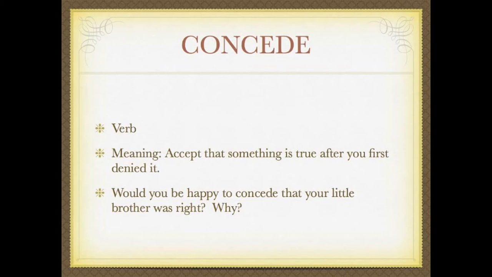We want to use the word that means accept that something is true after you first denied it. This is the verb concede. Would you be happy to concede that your little brother was right? Why? Write your answer on your vocab sheet.